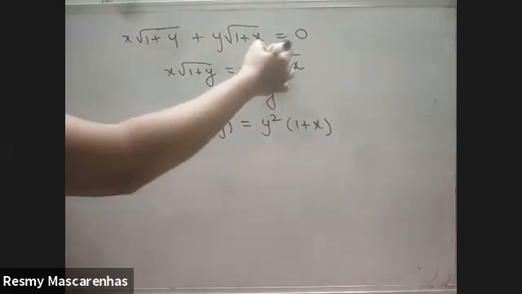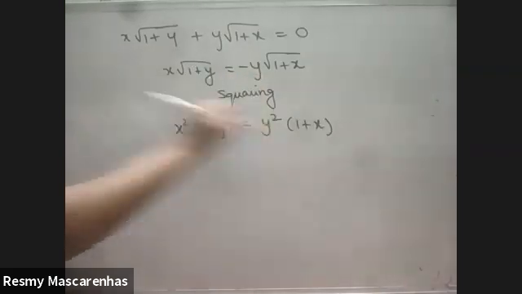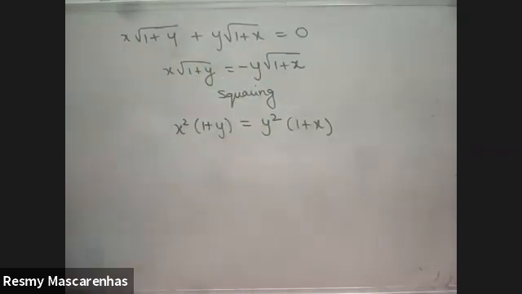It's like squaring both the terms. Square and root will cancel. This one's square will remain because this is not root. Now, what you can do is try to bring the terms in such a way that y remains on one side.